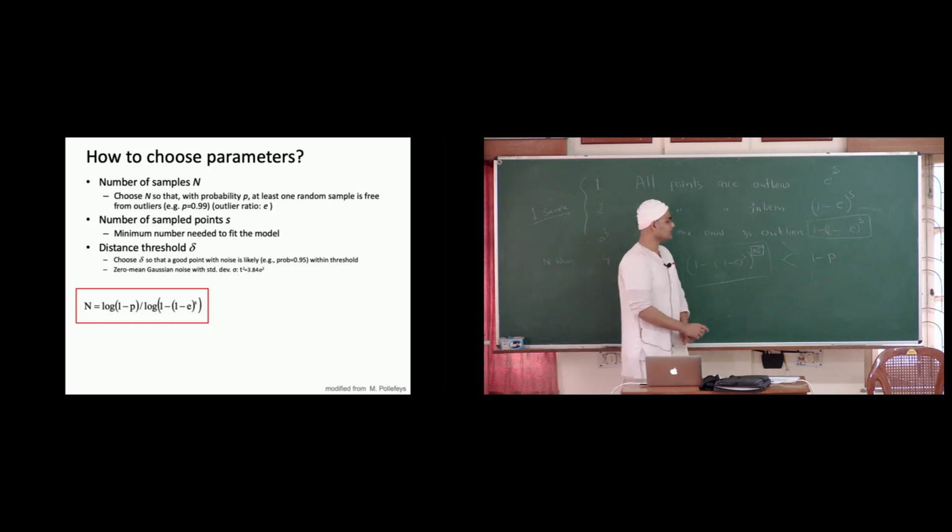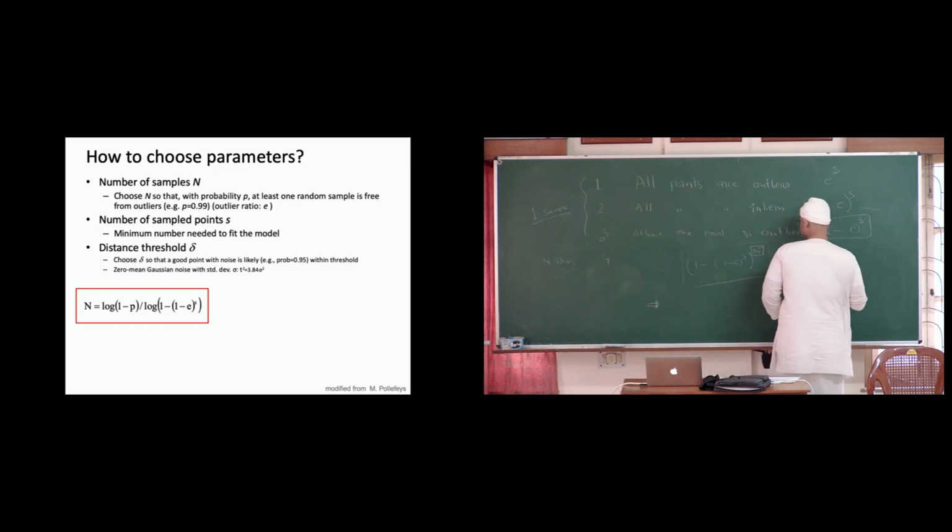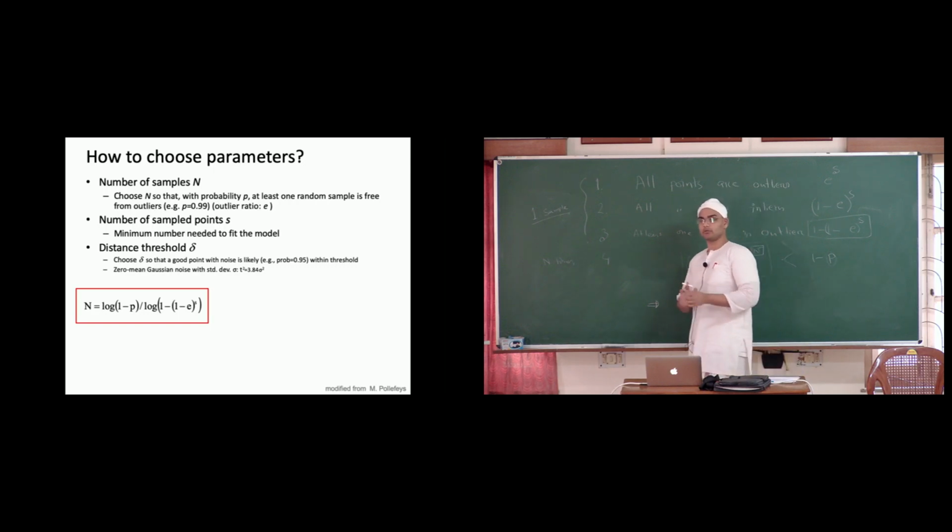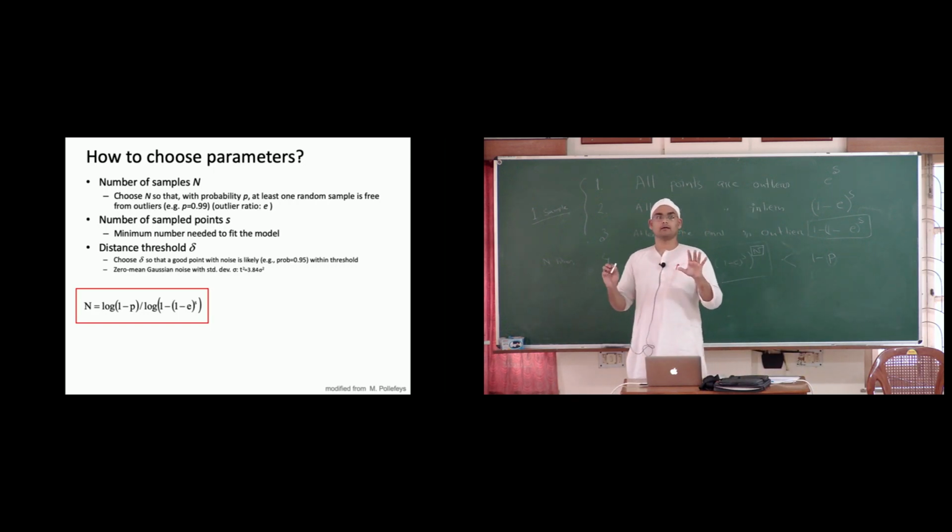P is the probability that everything is correct. This is the probability we want, that if you take n number of samples, then with p probability you will find at least one match where there is no error, because if there is no error, that is going to get the maximum vote.